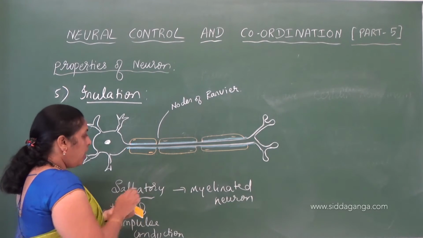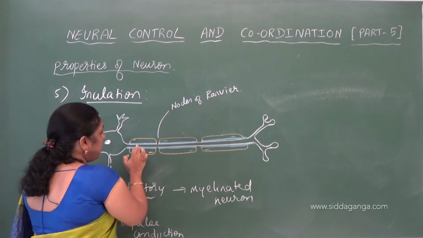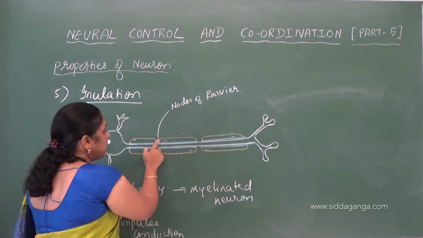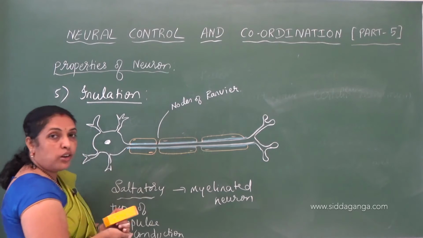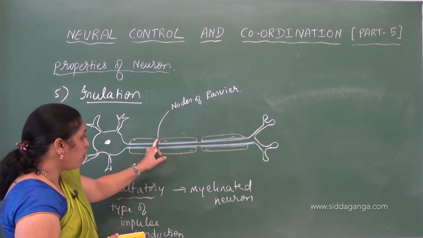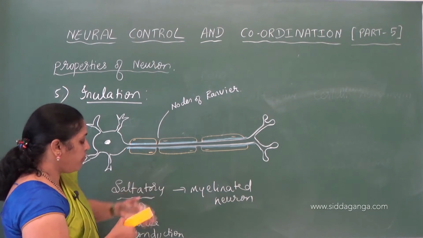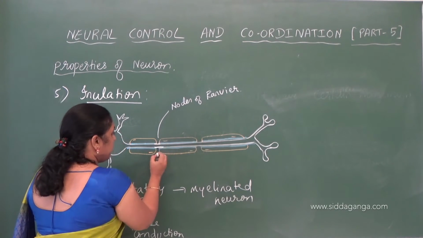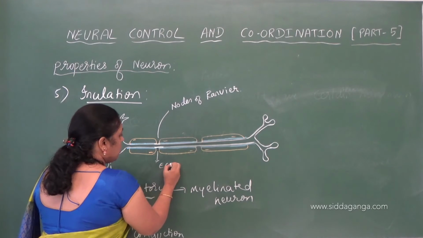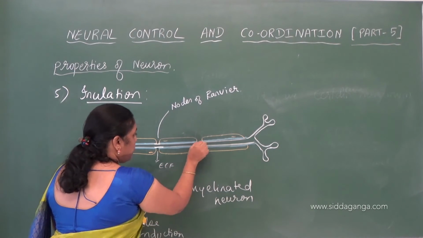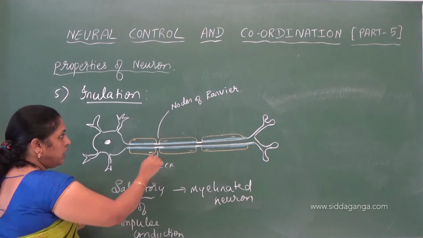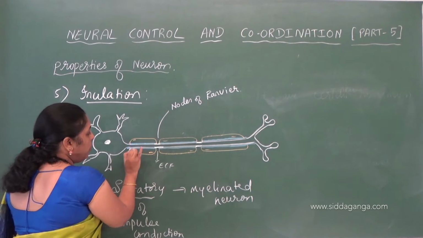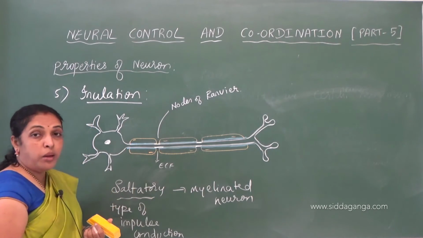As the axolemma is surrounded by myelin sheath, it is not in direct contact with the extracellular fluid. At the nodes of Ranvier there is absence of myelin sheath, so the axolemma will be in contact with the extracellular fluid. So, the action potential is going to be generated in the nodes of Ranvier, not in the axolemma which is surrounded by myelin sheath.